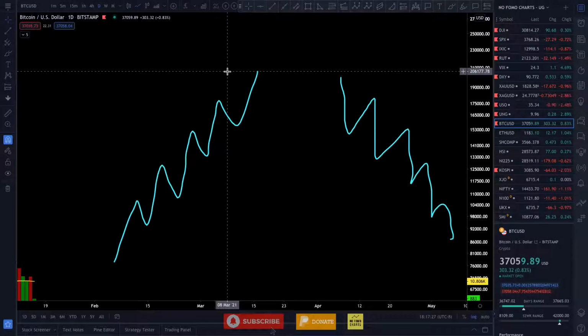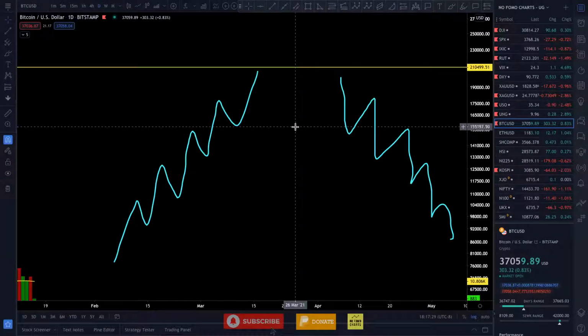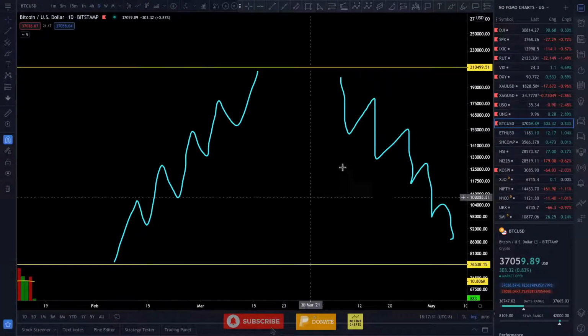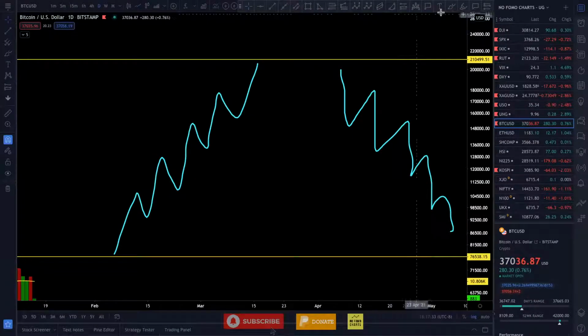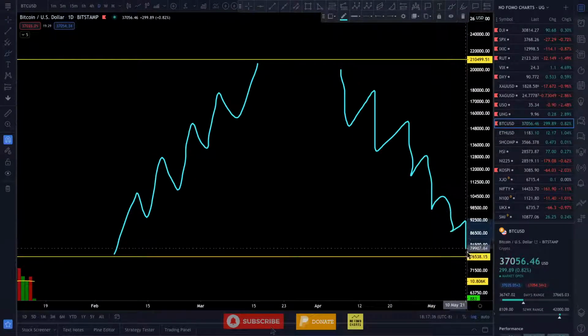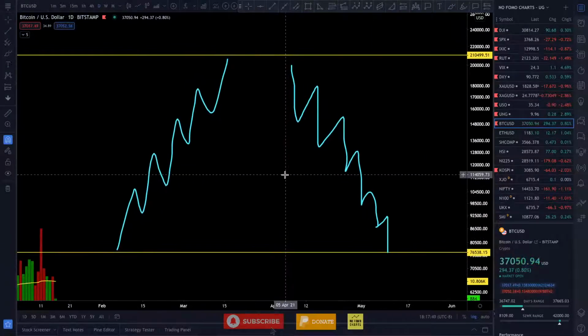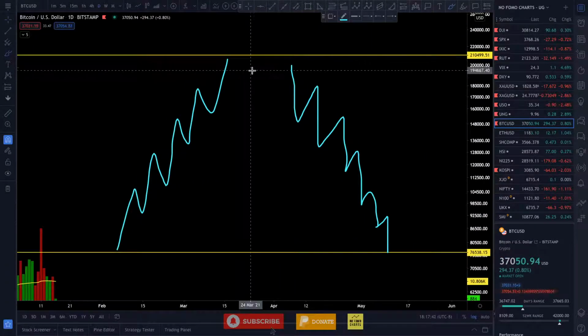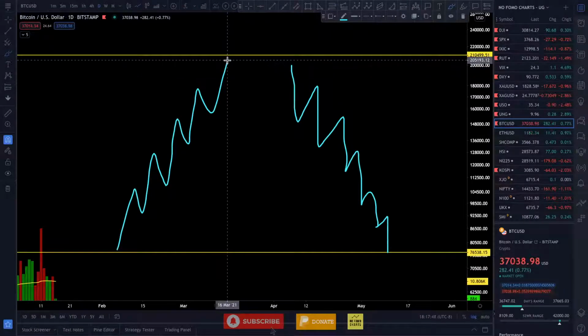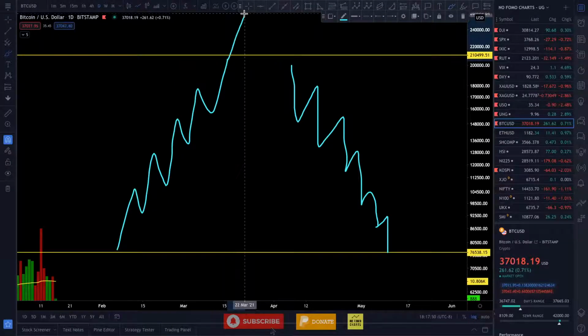So if you have a resistance here, like that, and let's draw a support level down here. Right, then it just becomes a matter of the psychology, it's visually confirming. You need the confirmation, like, okay, is the price going to break out and continue up higher?